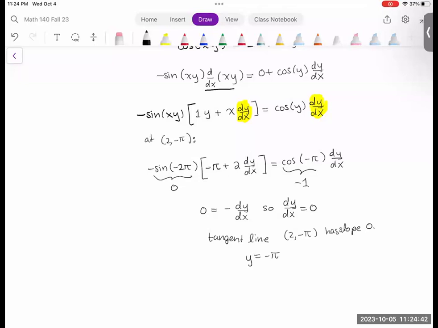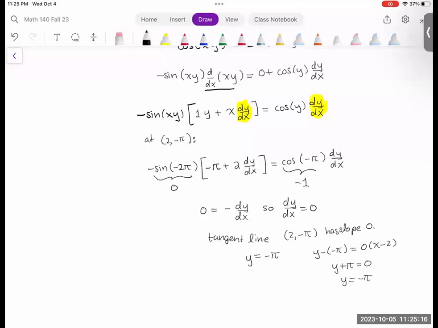We could also do this through the formula: y minus negative π equals 0 times x minus 2. The right-hand side gives just zero, so y plus π is 0, and y equals negative π. But it's probably easier to just think: we have slope 0, and my y value here is negative π, so that is the equation of this straight line.